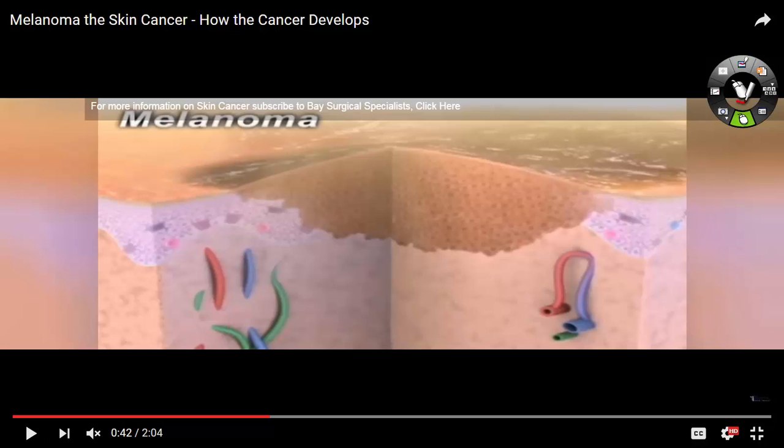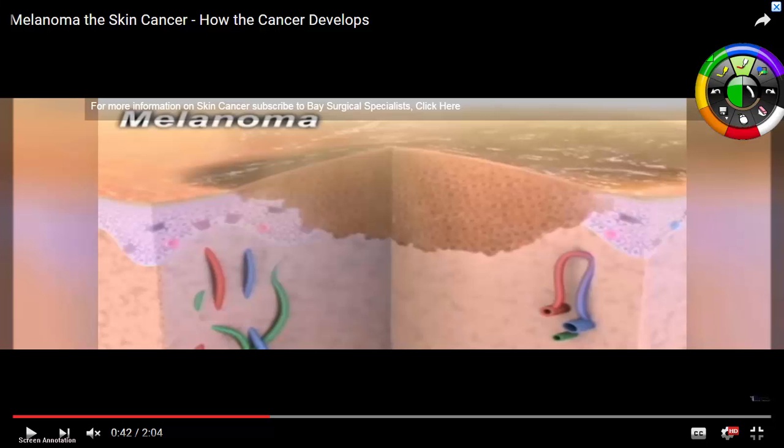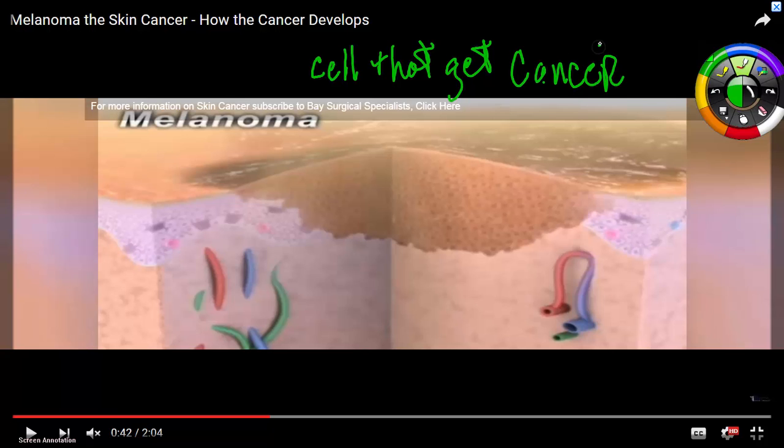Now, and this is really important, cells that get cancer divide rapidly. We've established that. But if you look, there's two basic cell types that get cancer.